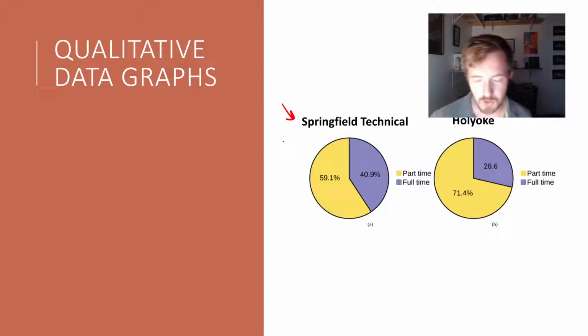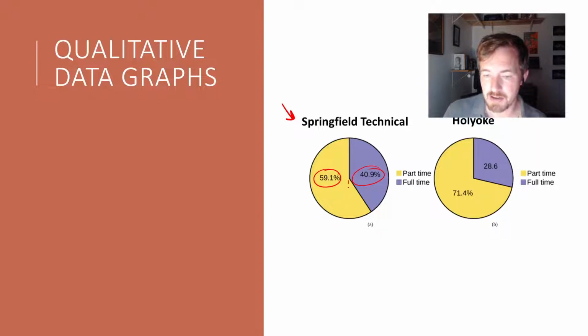Basically inside this circle you're going to get 100% of all of your data, and then you're going to split it up into different slices based on the proportion of that data.